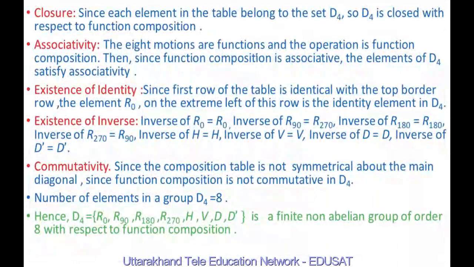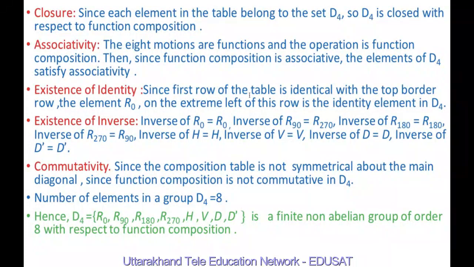Since each element in the table belongs to the set D4, D4 is closed with respect to function composition. Also, the 8 motions are functions which we discussed in the previous slide, and the operation is function composition. Then since the composition is associative, the elements of D4 satisfy associativity.